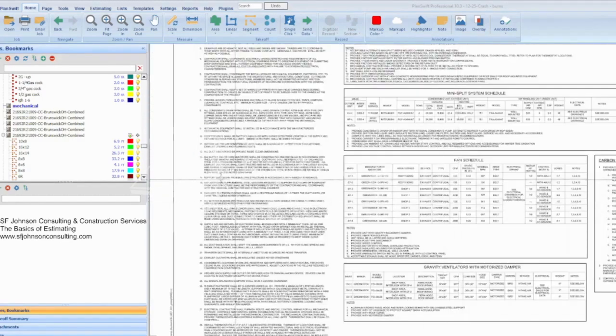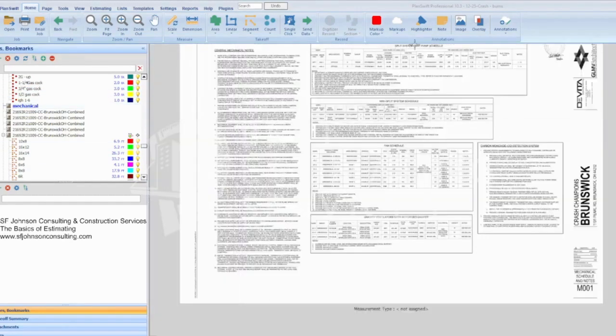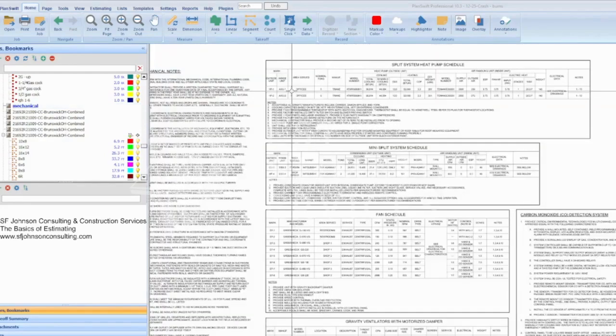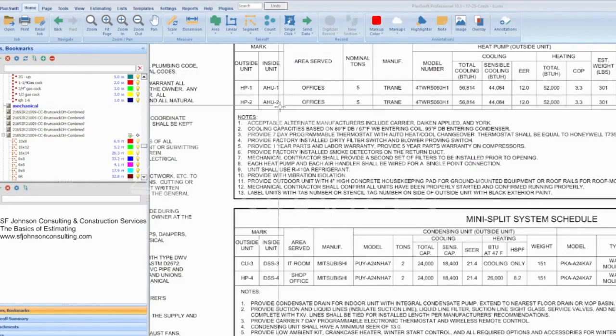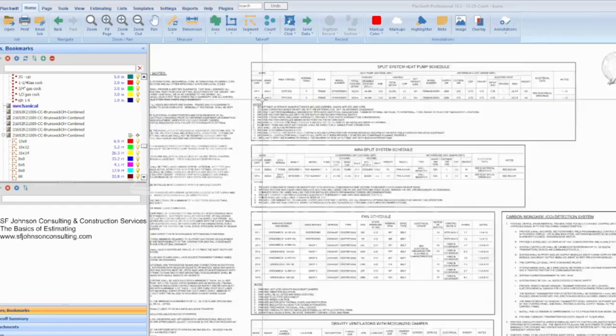And so when we look at the mechanical set, it's always going to give you a list of all of your equipment. So even if it's the same equipment, same specifications, they're going to list it all in your equipment schedule. So you don't have to guess or go to the plan to count how many of whatever. It's always going to be here.